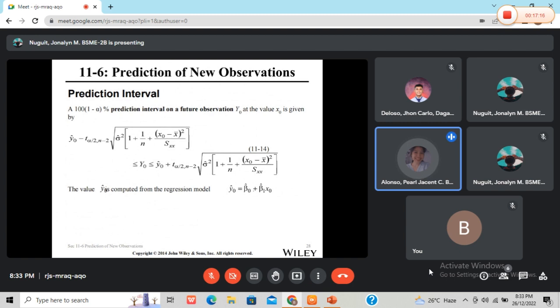And using the formula that you can see below, which is similar to the previous formula, the difference is that it has changed to y sub 0. So you can use that formula to find the value of y sub 0. So next.